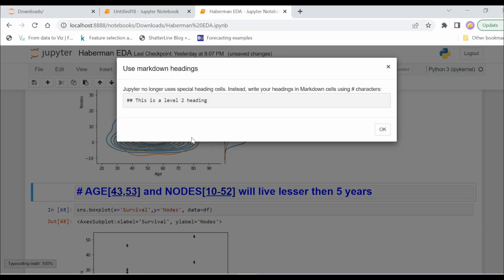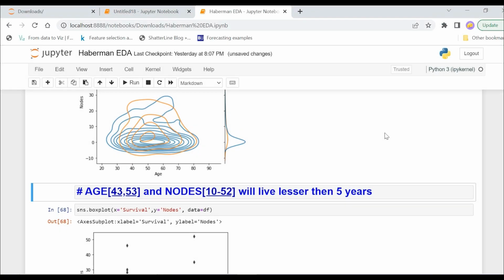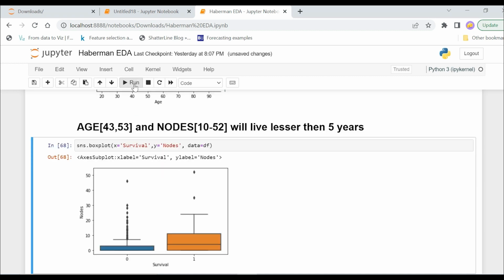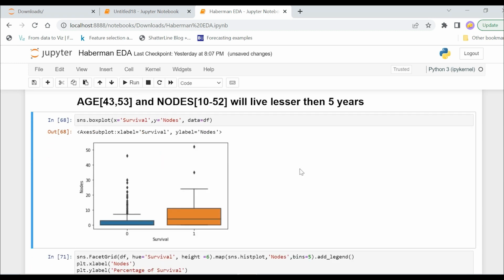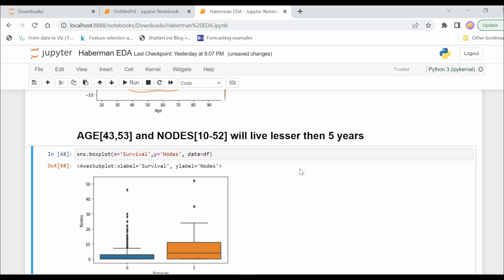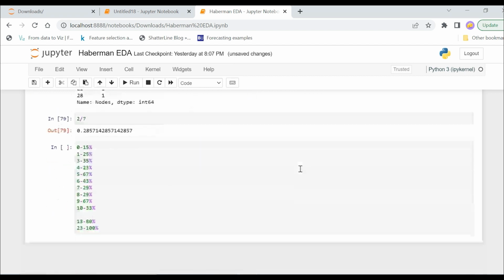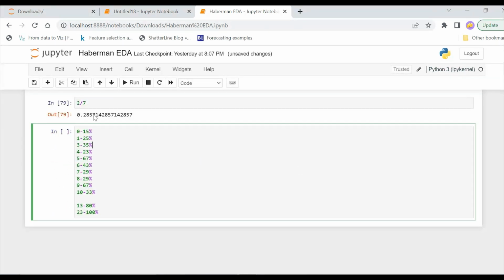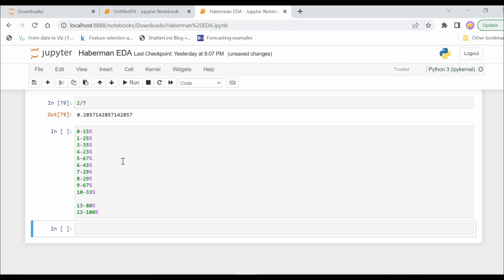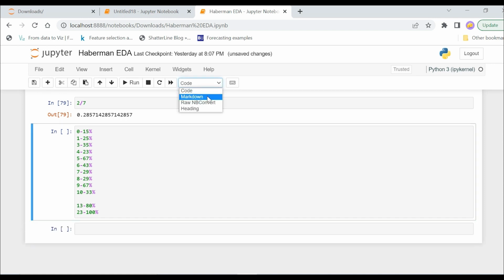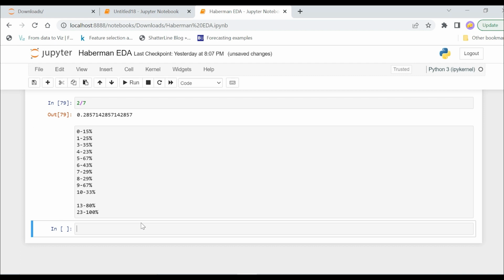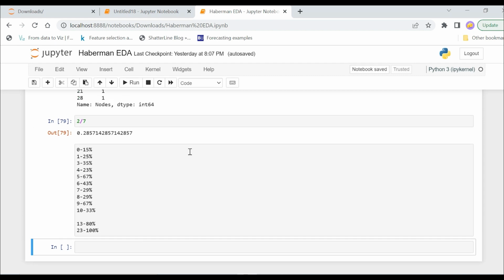This is also a very important thing which we have figured out. So now when age and nodes are done, let us go and find out about the operation. I can just mark this so that you can all understand.